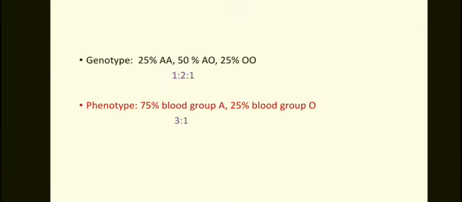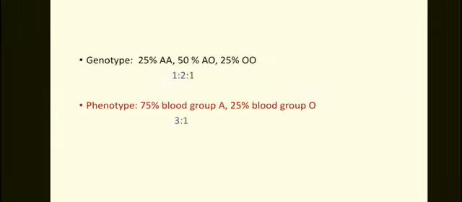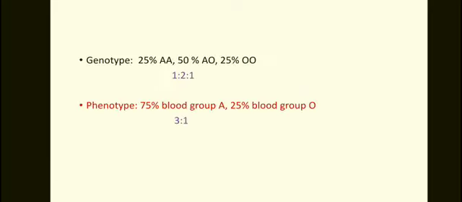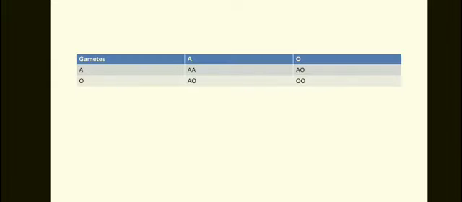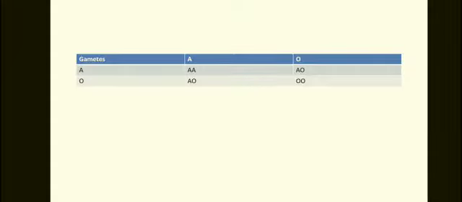And also 25% OO, just one rectangle, so it's 25%. That's the genotype. So what about the phenotype? The phenotype is 75% blood group A, so you can see AA, AO, AO. 25 plus 25 plus 25 is 75% blood group A. And only 25% blood group O.